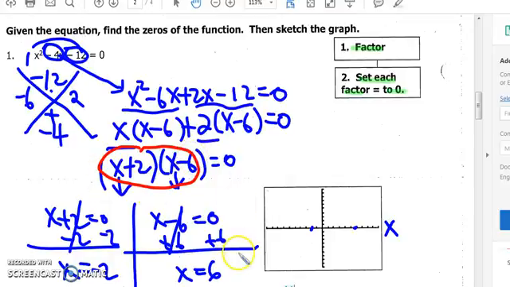Do that on the graphing calculator and see what kind of graph you get. If you type it in and then hit graph, you're going to get something like this. It looks like something like that. So you're going to sketch it over here. This is your x-intercept. So that means when y is 0, those are your x.